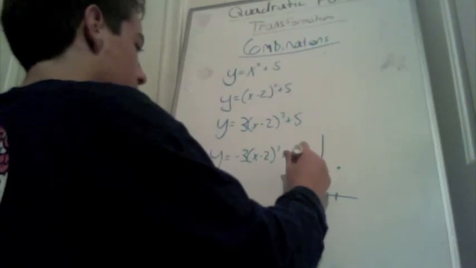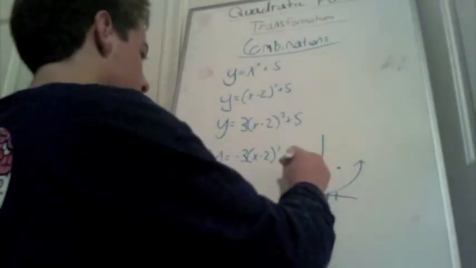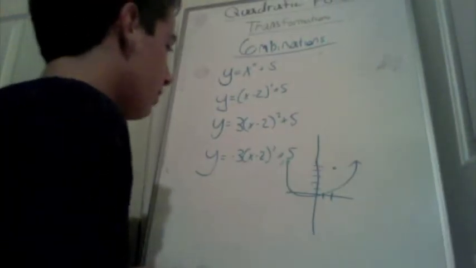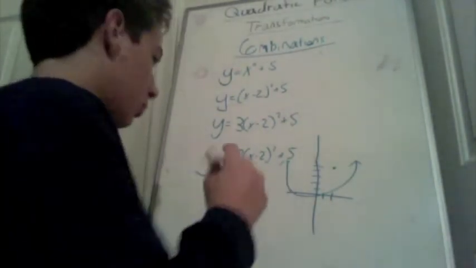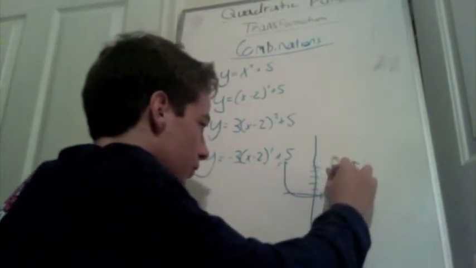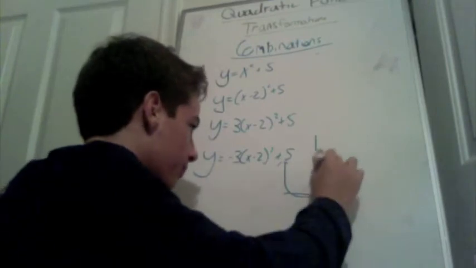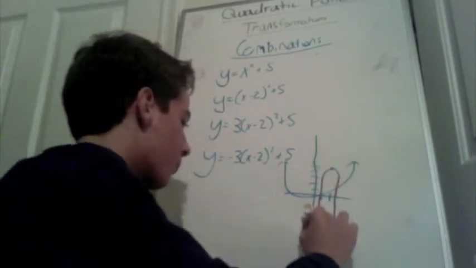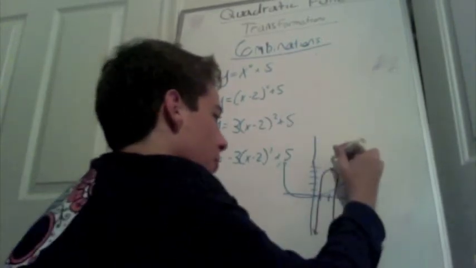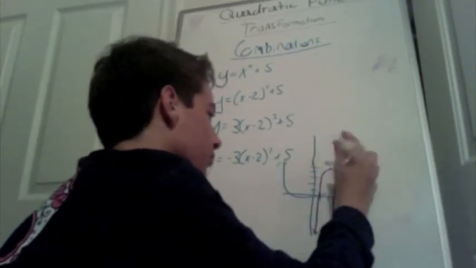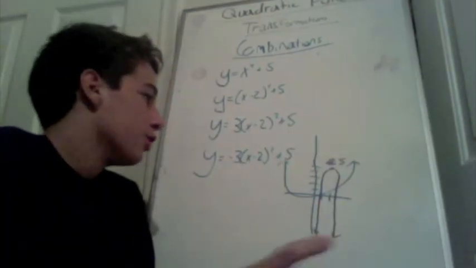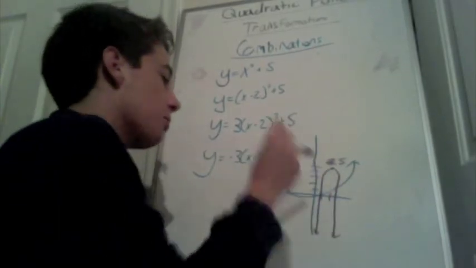So our regular parent function, y equals x squared, is going to look something like that. And now our new parabola will look like this. Because we have the vertex up and to the right, our vertex is 2, 5.